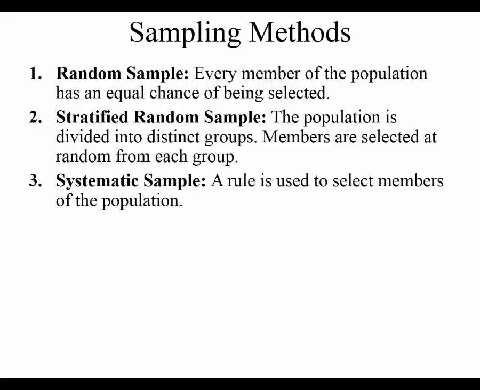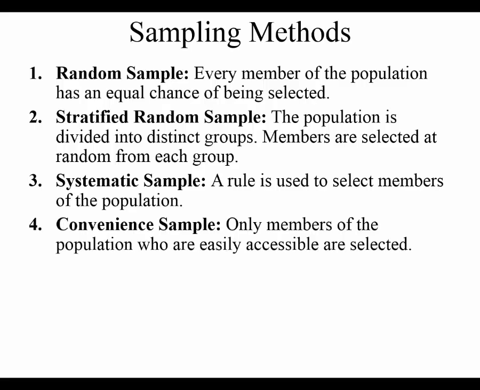You can have a systematic sample. In other words, there's a rule that you use to select members. You have a convenience sample. The easiest members of the population are selected.